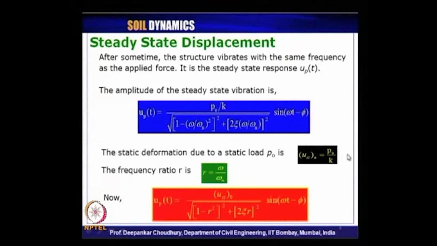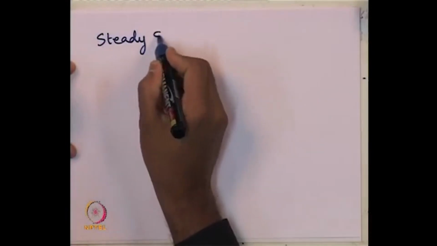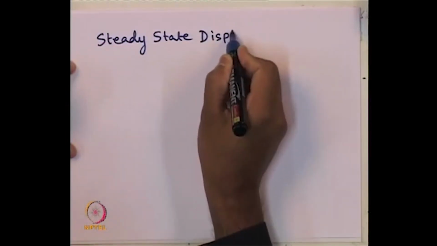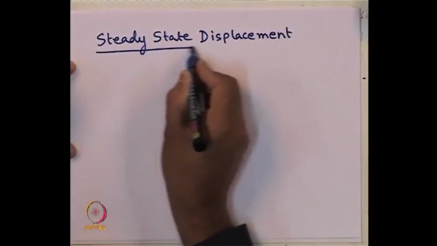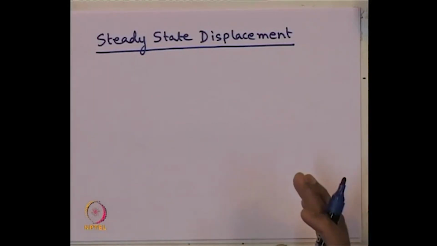Now, from this steady state displacement, let us see what other things we can derive. Let me write down the steady state displacement on which we now want to concentrate. Why? Because for any system, what do we as engineers want to know? How it performs in the long run.